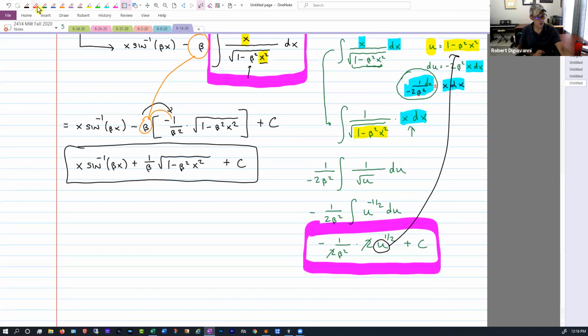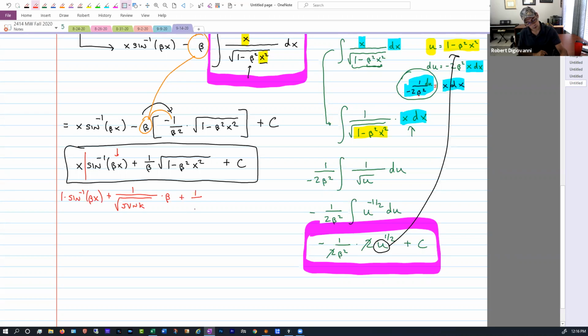We could check. I will. Product rule: 1 times arc sine of beta x plus, now the derivative of arc sine of beta x is 1 over the square root of, I'm just going to call it junk from here on out because all that stuff in there is junk, and then times the derivative of beta x, which is beta. Okay, finished off the product rule.